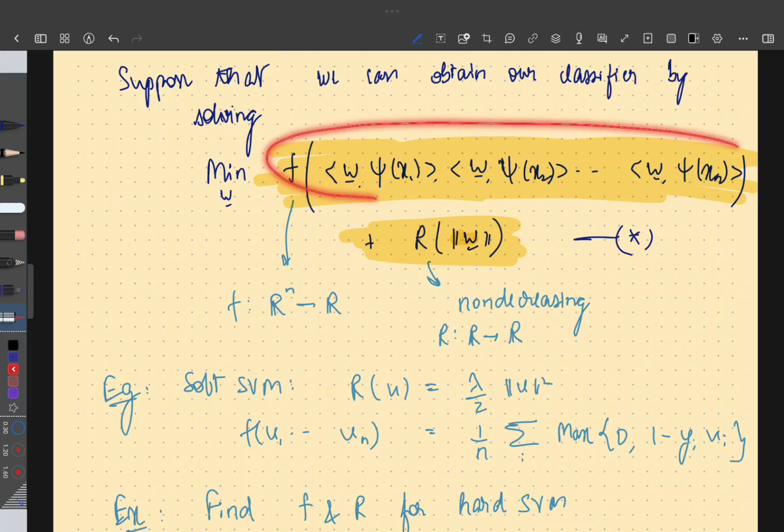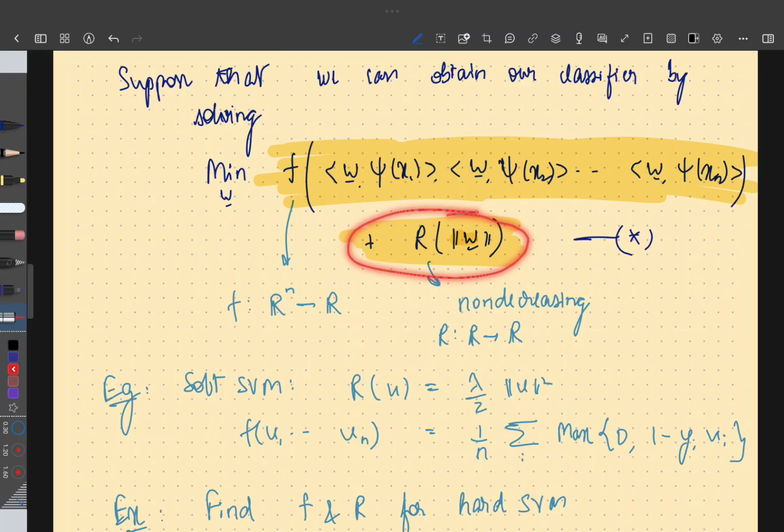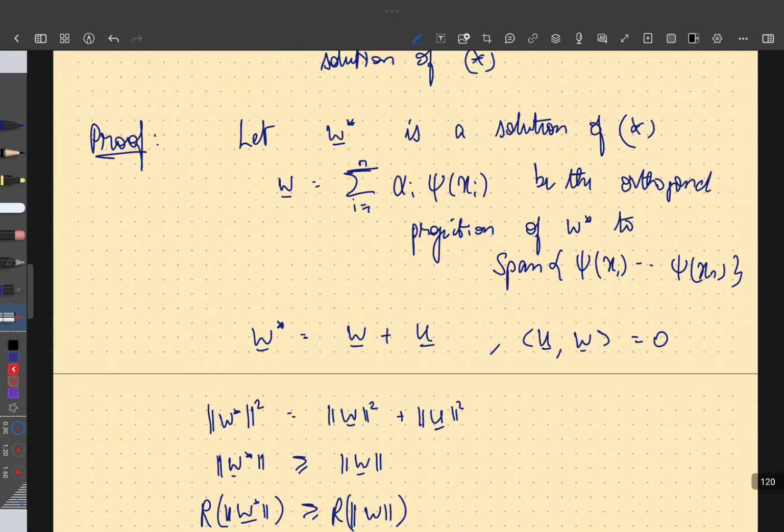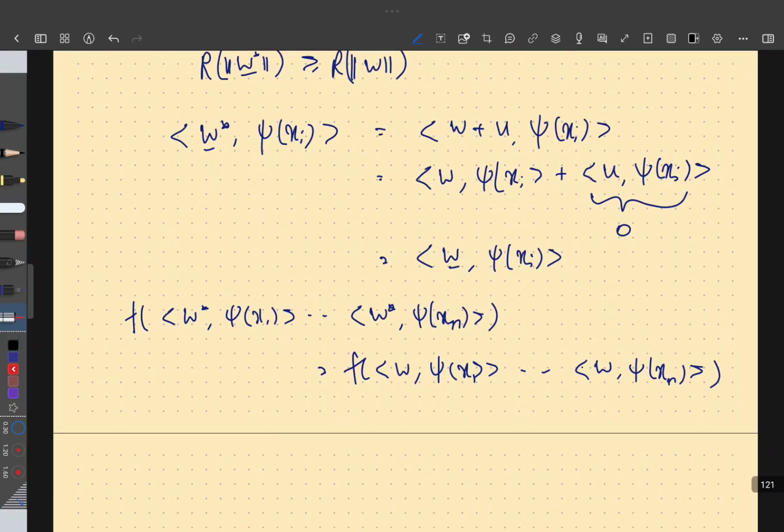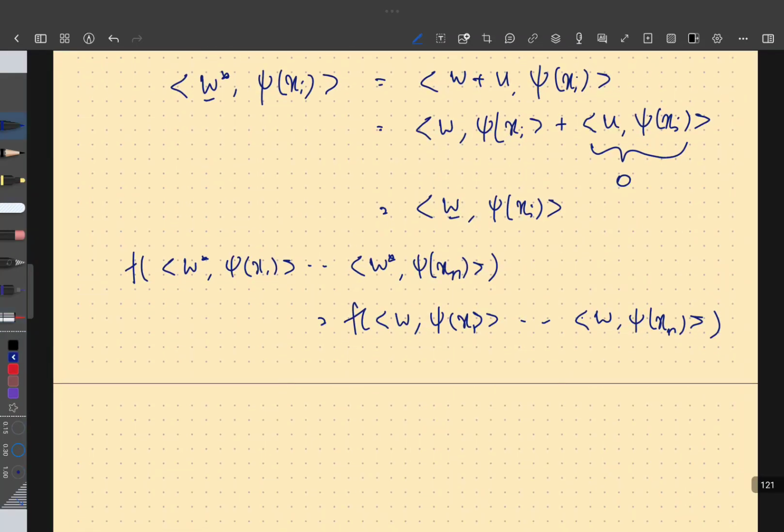The first term achieves the same value for W star and W, but W achieves potentially a smaller value of r compared to W star. So this means that W is also a solution of the objective function that we were interested in.